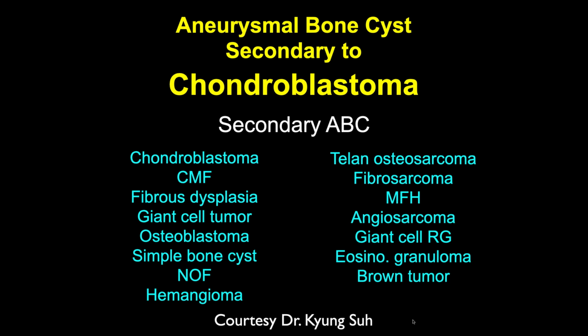So there are a lot of other abnormalities that can be associated with an aneurysmal bone cyst appearance: eosinophilic granuloma, brown tumor, fibrosarcoma. Basically, a lot of pathologies in the bone can end up having a bony reaction that presents as an aneurysmal bone cyst.